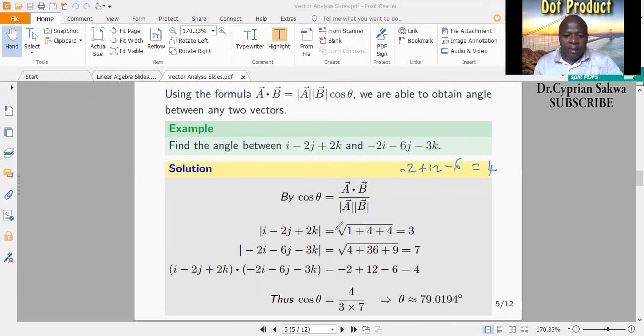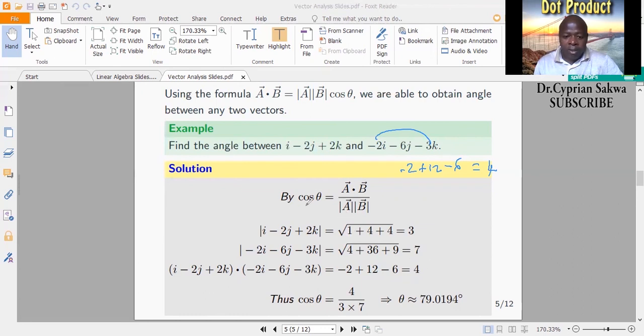It is 1 square plus 2 square plus 2 square, the square root of which is 3. And then again, the square root of this gives us the magnitude of this other one. So the magnitudes of the vectors are 3 and 7 respectively, and their dot product is 4.